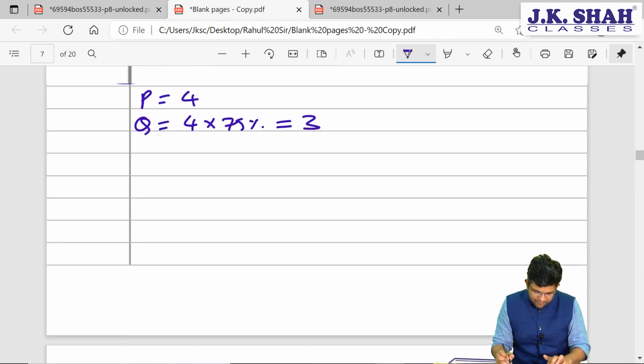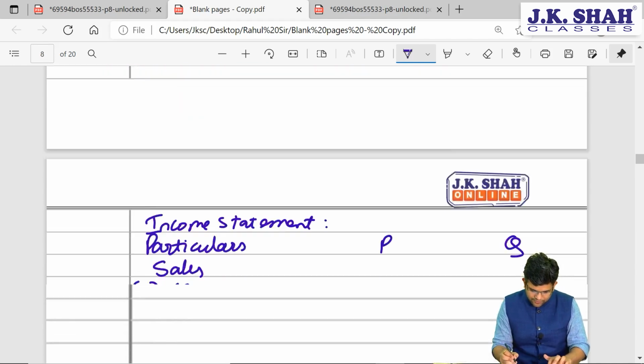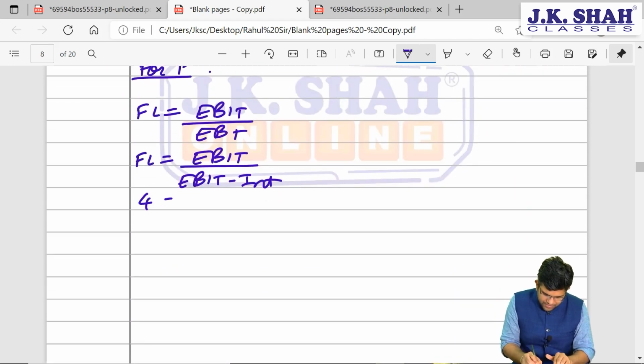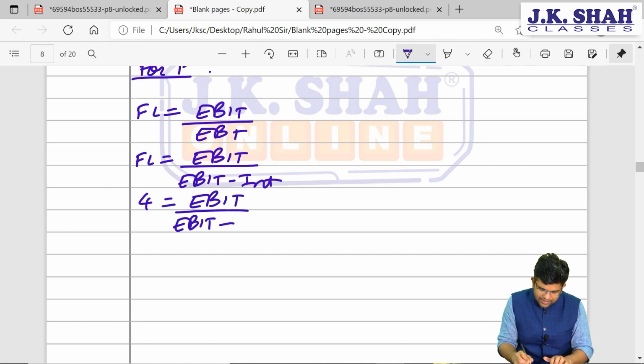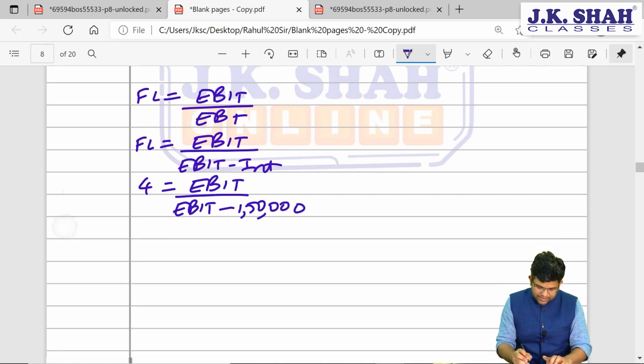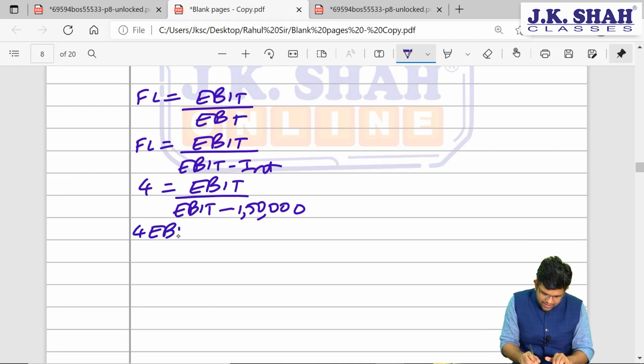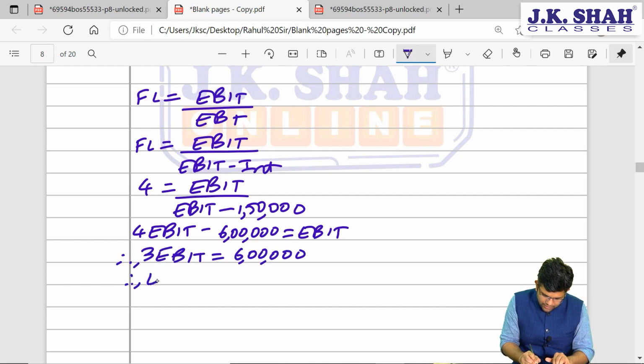For P, the FL is 4 times, so we write 4 is equal to EBIT upon EBIT minus 1,50,000. Everyone clear? That is the interest. So children, 4 EBIT minus 6 lakhs will give you EBIT, and therefore 3 EBIT will be equal to 6 lakhs, and therefore EBIT will be equal to 2 lakhs.